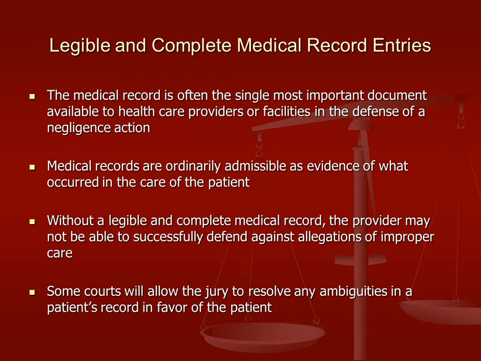If a record says one thing in one part and contradicts itself, or another provider writes something that contradicts another entry, sometimes the court will give the jury instructions to say, you can decide in favor of the patient because of these ambiguities in the record. And that's all that ambiguity means. If there's a conflict, one part of the record says one thing, another part says another.